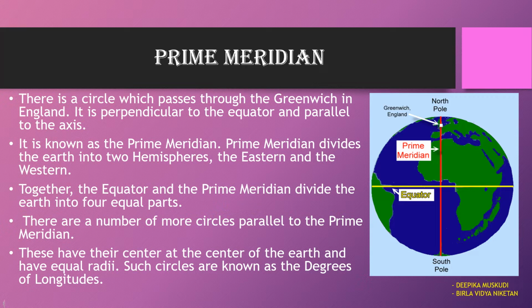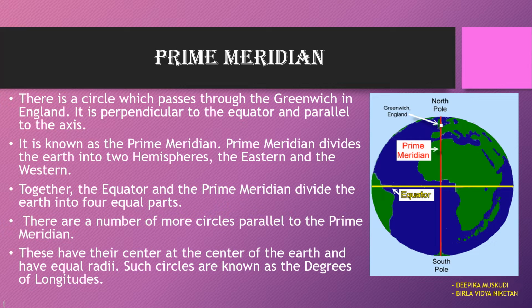Each degree is further divided into minutes and minutes into seconds. They are semicircles and the distance between them decreases steadily polewards until it becomes zero at the pole where all the meridians meet.